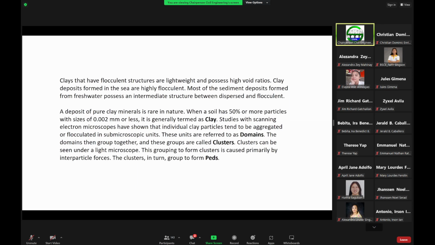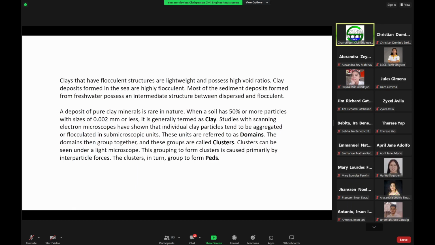So normally when we say cohesive soils, automatically we think of clay soils. Again, we will have the formal definition of this next meeting, or in the next meetings.